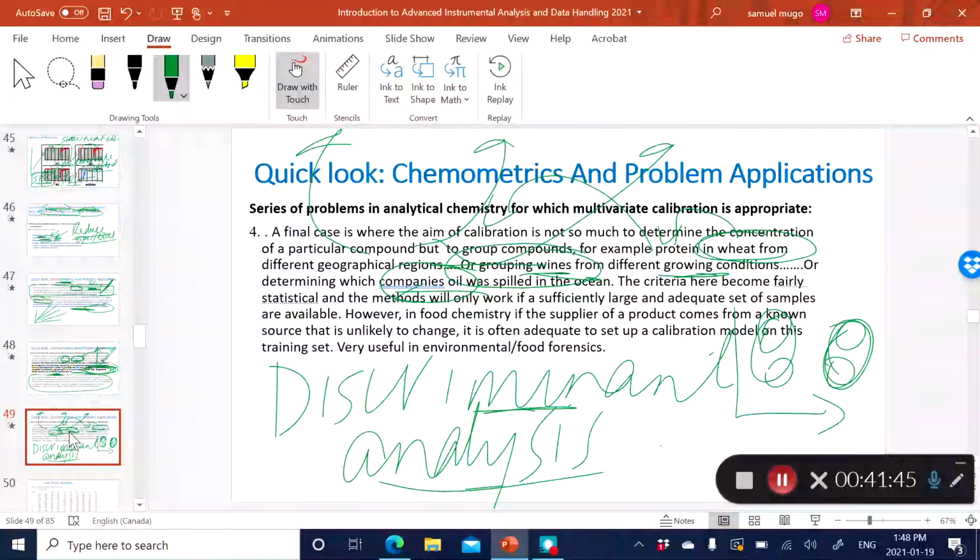So you're just looking for clusters of compounds that are present, that's going to help you show there is a correlation between the compounds. And so it's generally used for discriminant analysis and not so much to do quantitative analysis at all.